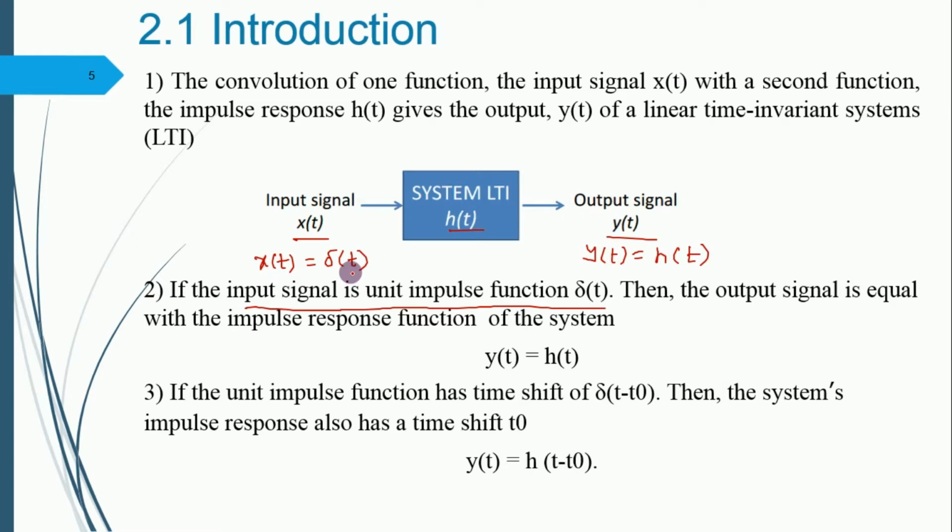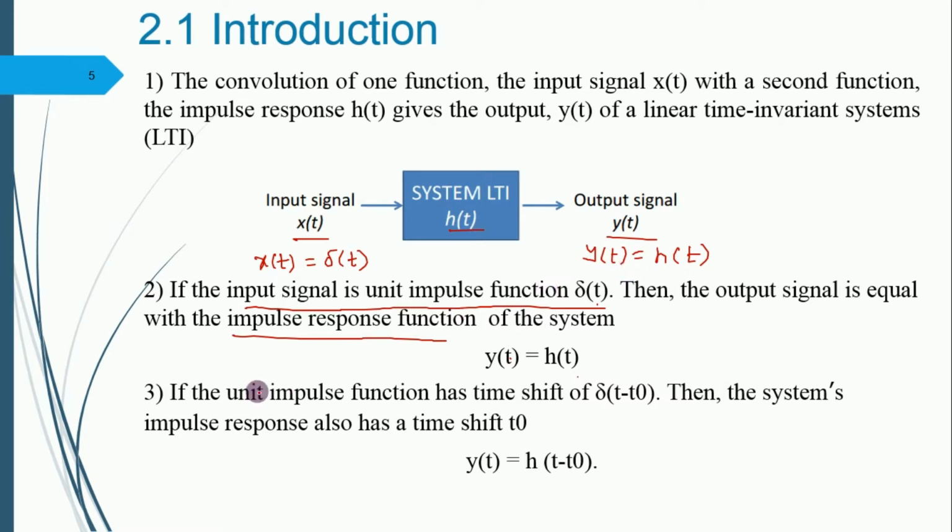If it is a delta function or impulse function, then h of t is called the impulse response. These terminologies I had already touched upon in the previous chapter. I'm repeating intentionally so that you remember it. So when x of t is equal to delta of t, y of t will be h of t. Remember that. For the impulse function, your system output is the impulse response.